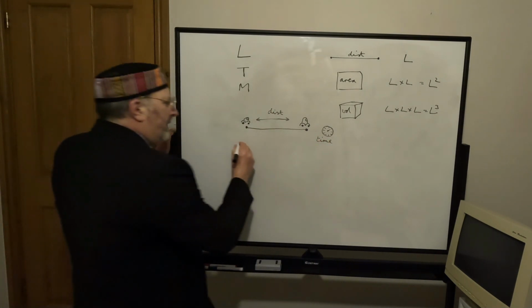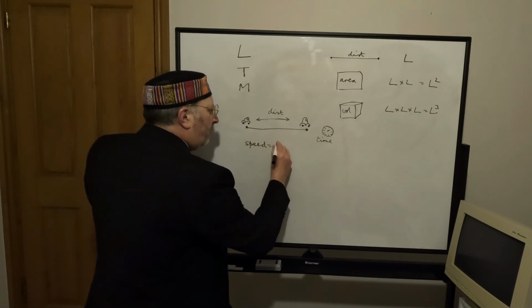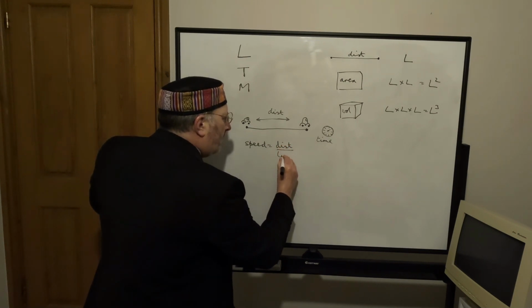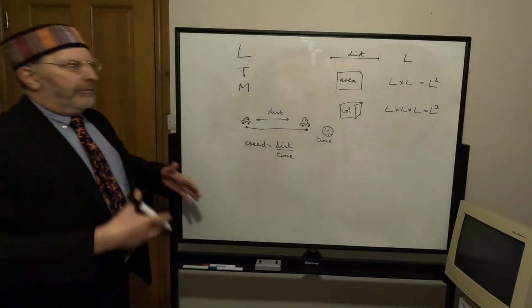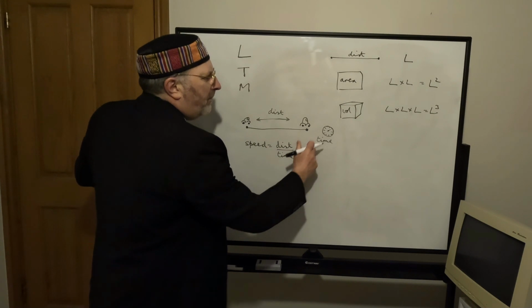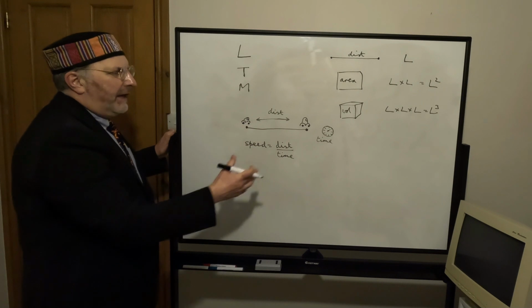The formula for speed is the distance divided by the time. You know, it's miles per hour. How many miles distance did you go per hour, per time? So it's the distance divided by the time.